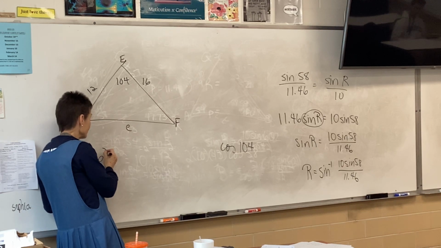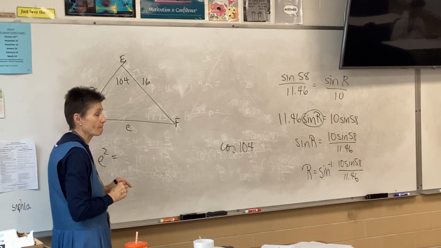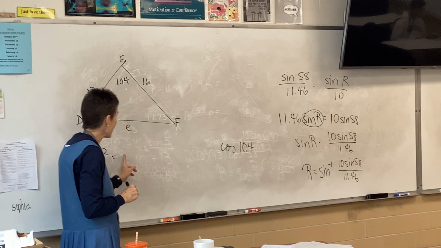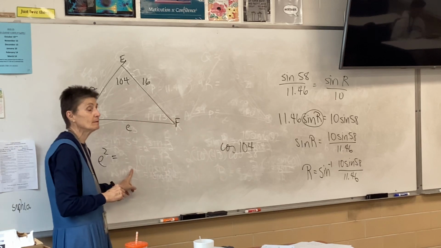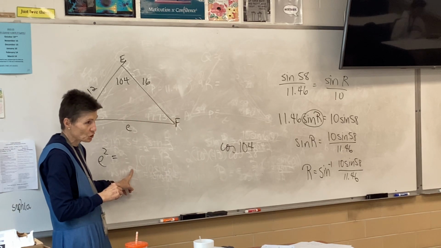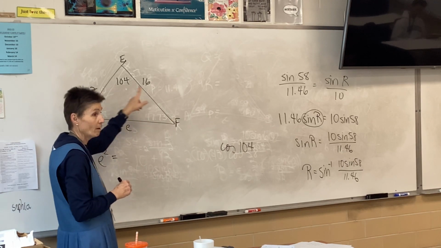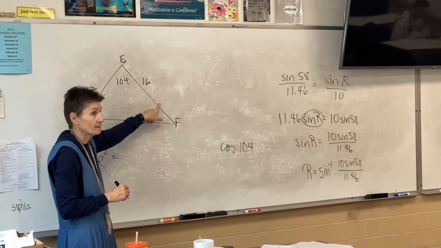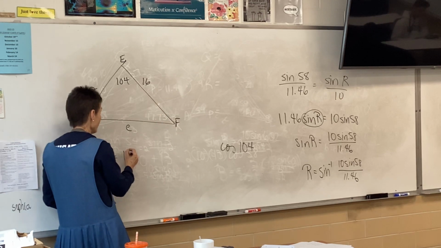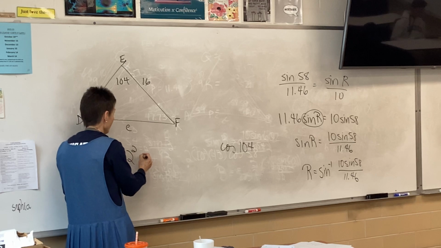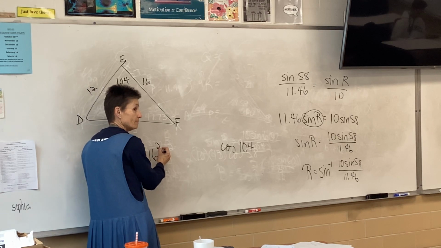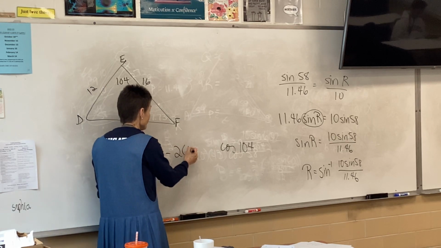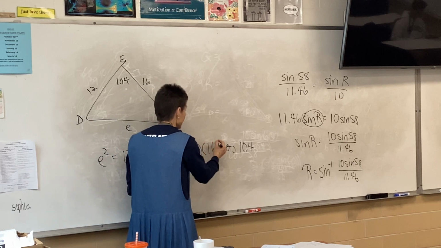E squared. And then everything in the middle is a combination of 12 and 16. So it's going to be 12 squared plus 16 squared minus 2 times 12 times 16.